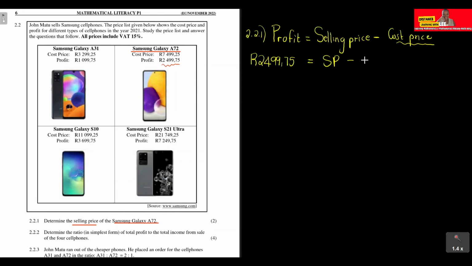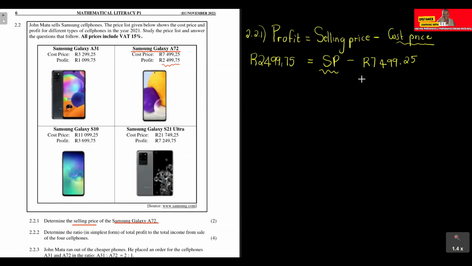The cost price is 7,499.25. All that we need to do now, guys, is isolate the selling price so that we are able to determine the selling price for your Samsung Galaxy A72.